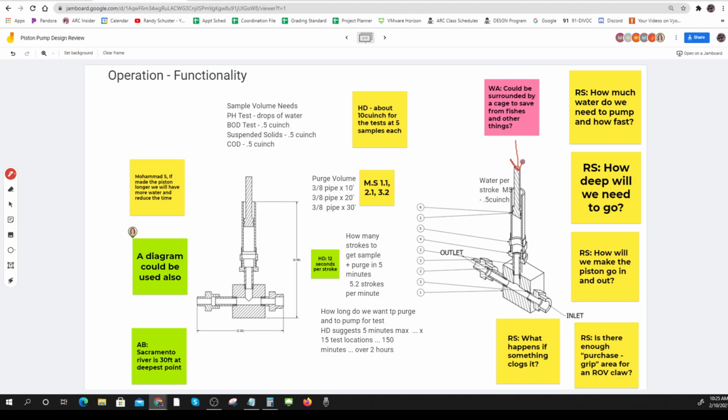What's going to push on it and what's going to pull on it or push back on it? An air pump. Yeah, air pump. And what will the air pump do? It'll pump air into this area and push it down, but what's going to push it back?